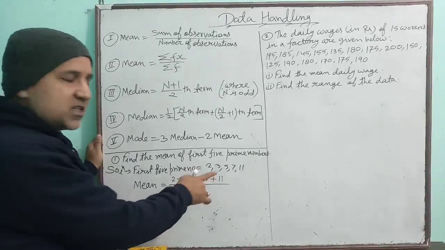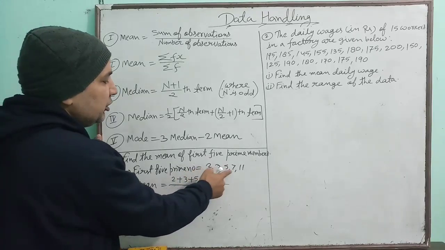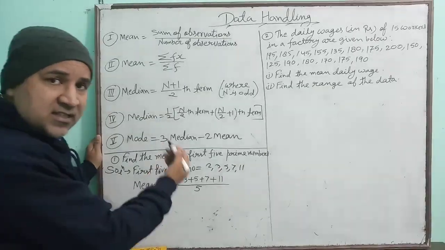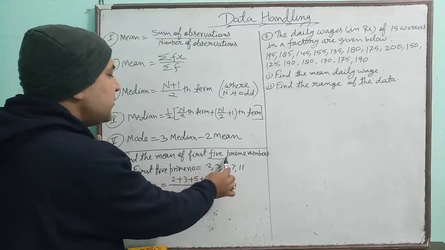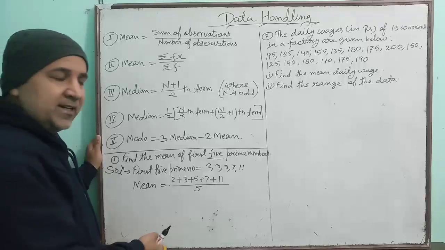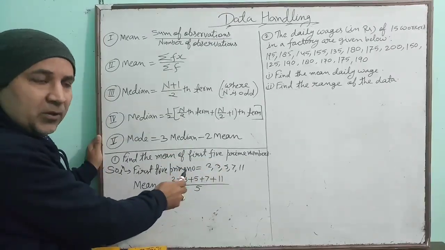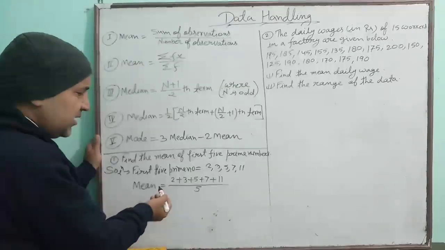Number of observations means we will count how many these are. 1, 2, 3, 4, 5. These are 5, and this is given in the question also: mean of first 5 prime numbers. So by applying the formula you can see it has become easy.